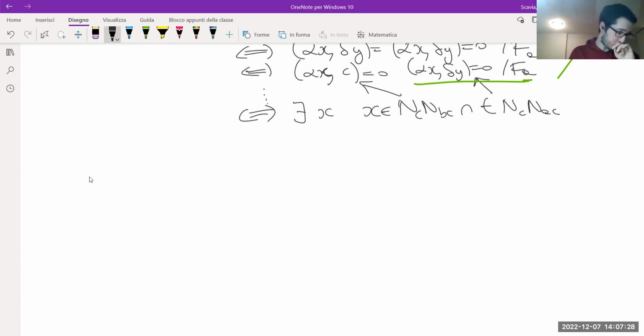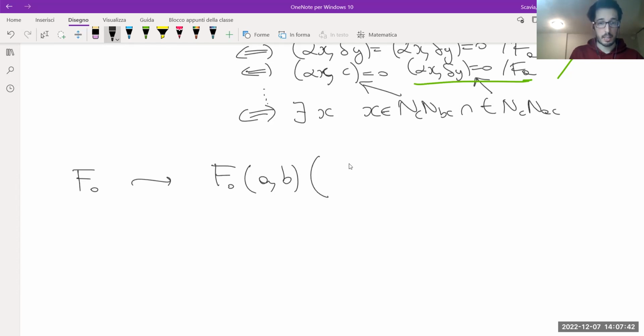So basically, you start from your F0, then you take F0 of A, B, two variables over F0, and then you take the function field. So this is the function field of affine space, and then you take the function field of the conic corresponding to AB.